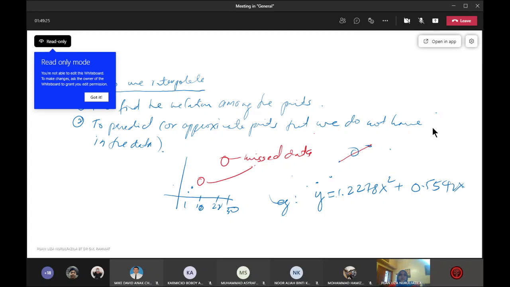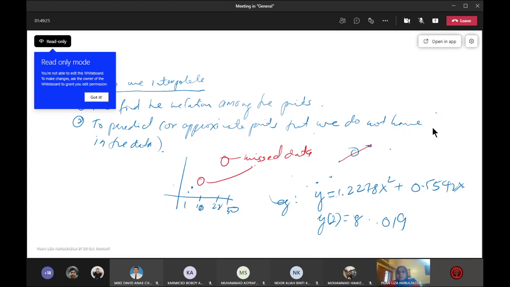So you want to find y of 2, then you just substitute 2 there, so 1.2278 times 4 plus 0.5542 times 2, which is 8.019.